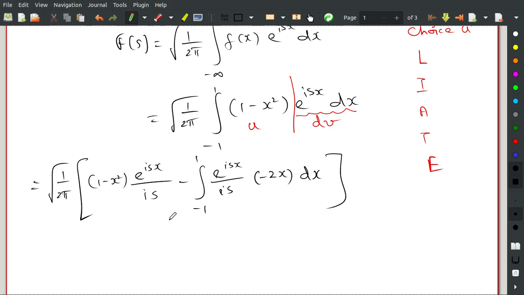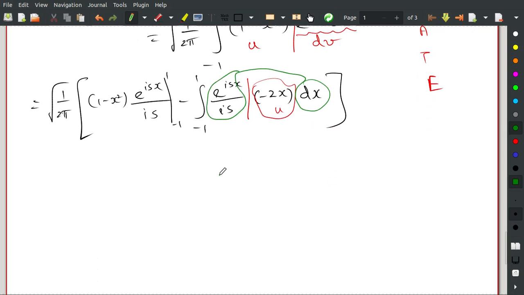This runs from -1 to 1. We can simplify this later. So if we notice, we again encounter another integral of the above form, so again we have to separate u and dv. This part is u, and the dv part is the rest with dx.